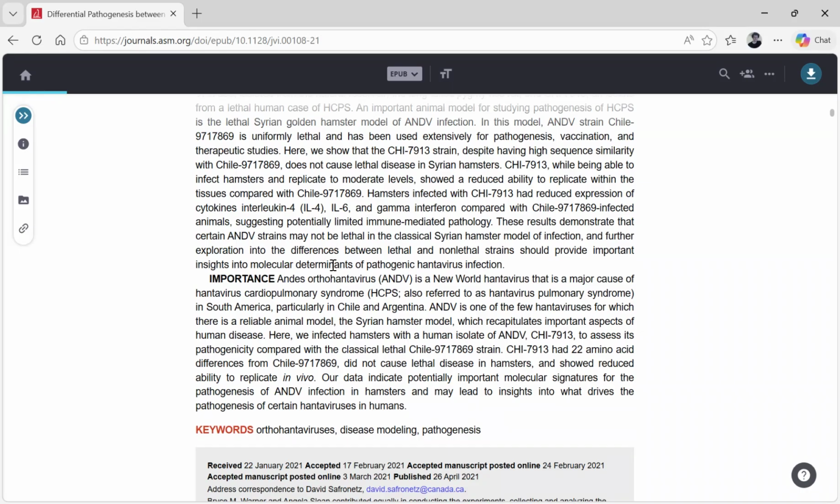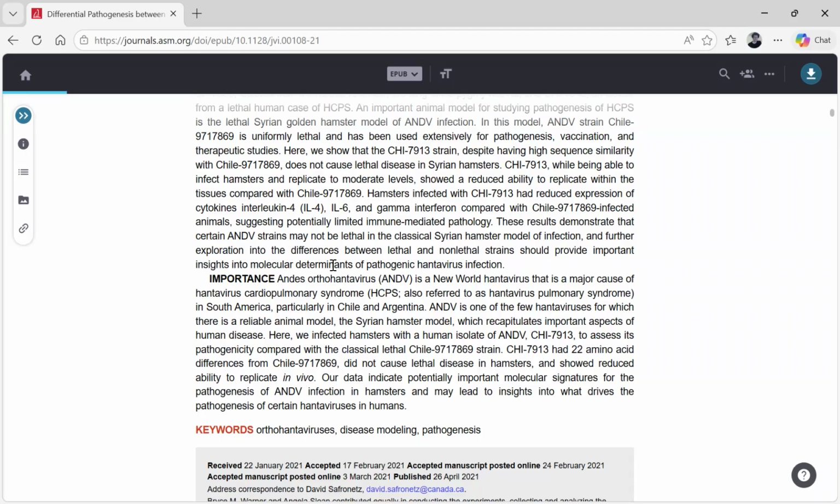Importance: Andes orthohantavirus is a New World hantavirus that is a major cause of hantavirus cardiopulmonary syndrome in South America, particularly in Chile and Argentina. Andes virus is one of the few hantaviruses for which there is a reliable animal model, the Syrian hamster model, which recapitulates important aspects of the human disease.